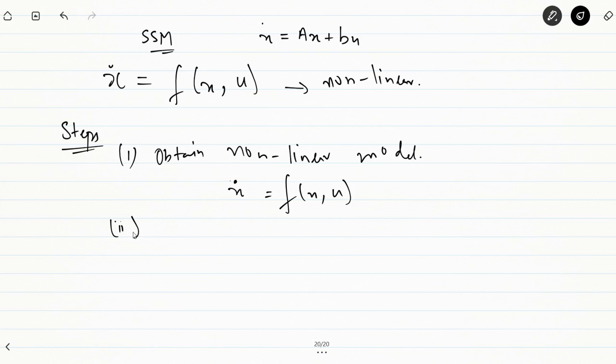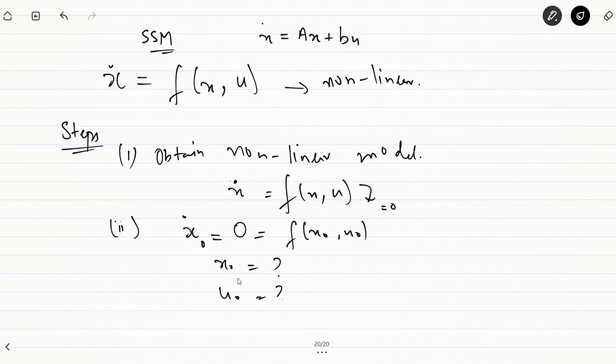So for that you need to substitute this equation equal to 0. That will give you the initial conditions of the system. So you need to find out x naught and u naught of the system by putting this equation, ये जो equation है, by substituting it equal to 0. Okay? So obtain x naught from here and obtain u naught from the system.